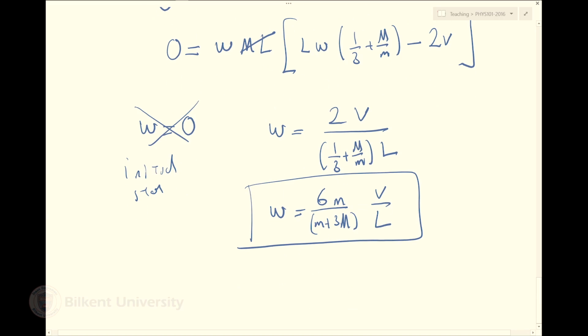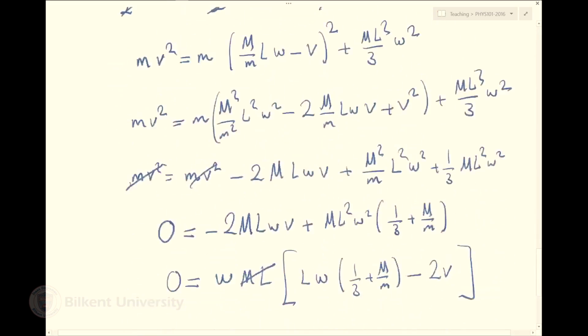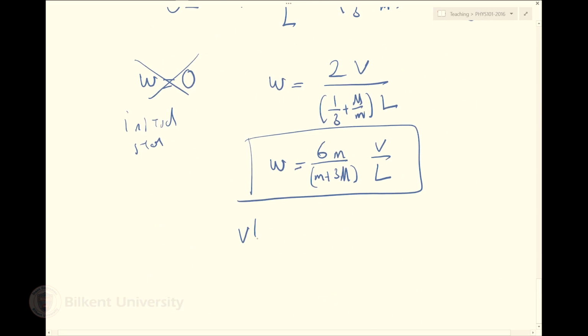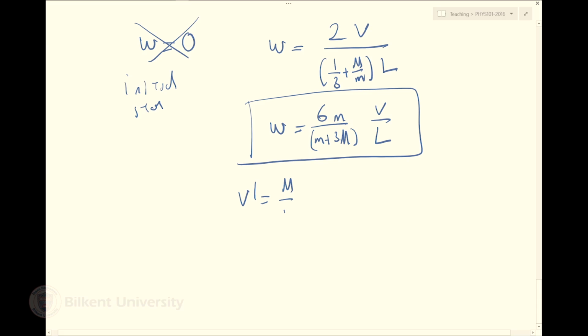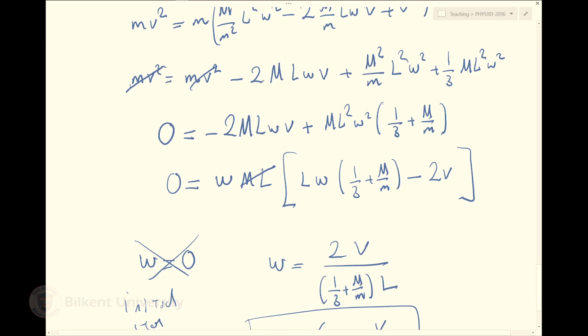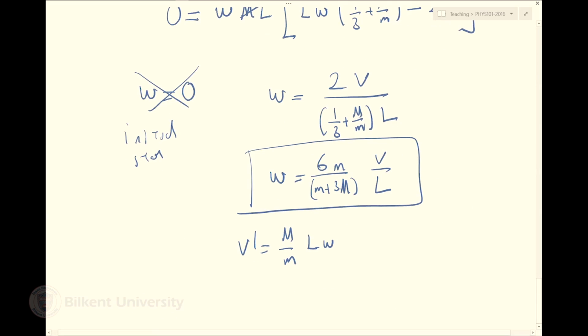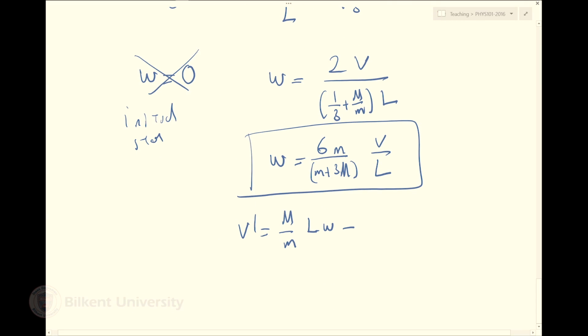I was also asked to find V prime. V prime was capital M divided by small m, L omega, right? Minus V, which I'll write as, no, minus V, just V. Excellent.